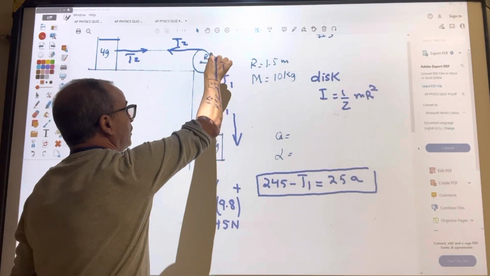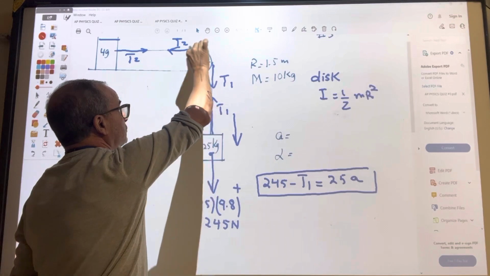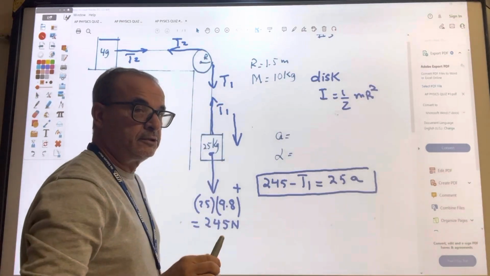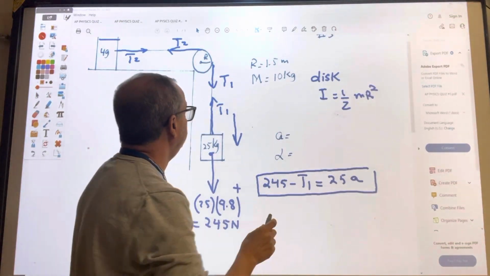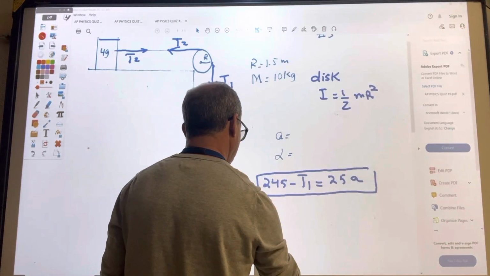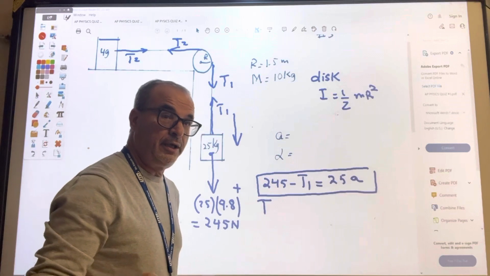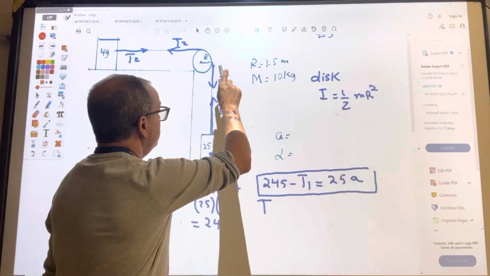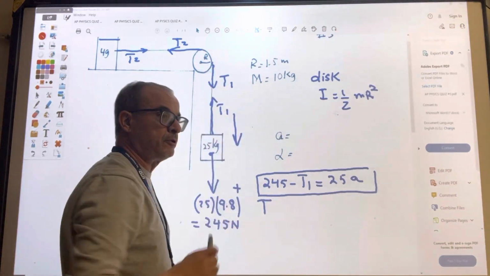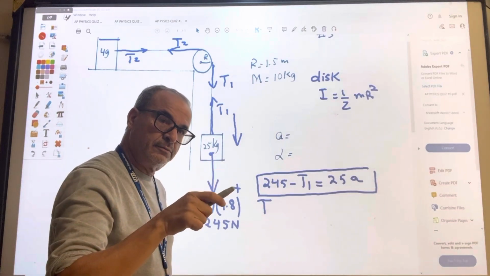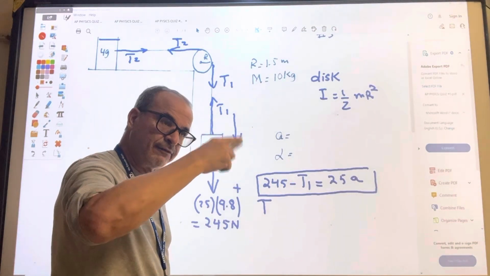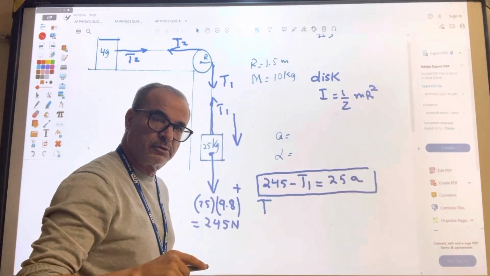If this comes down, the pulley turns clockwise. To find the torque in a pulley, it's the force times the radius. The torque is what drives the pulley to rotate.